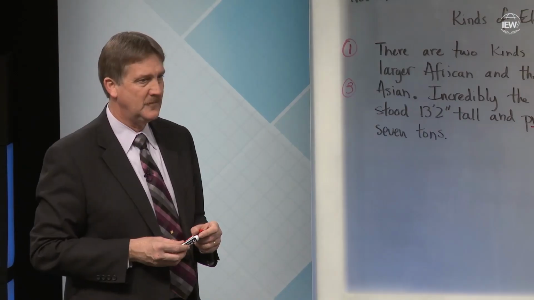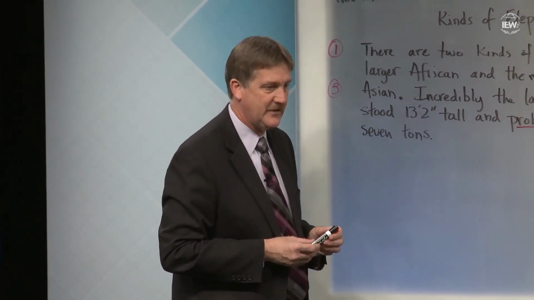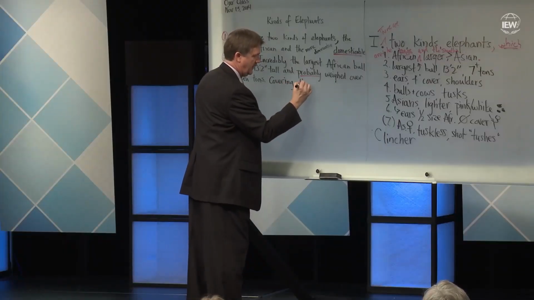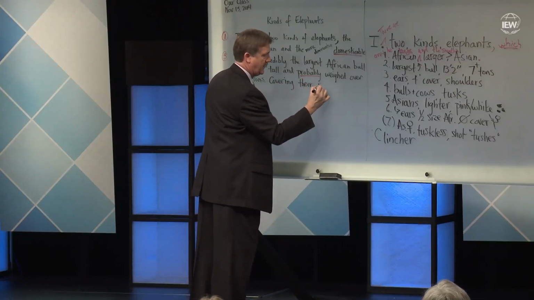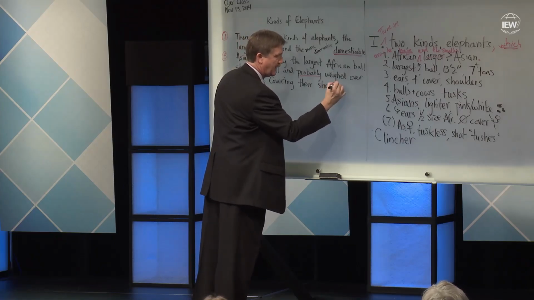So, Jean, you look like you're ready with another sentence for us here. I have an ING opener. How about covering their shoulders? The African elephant's ears are 4 feet wide in diameter.